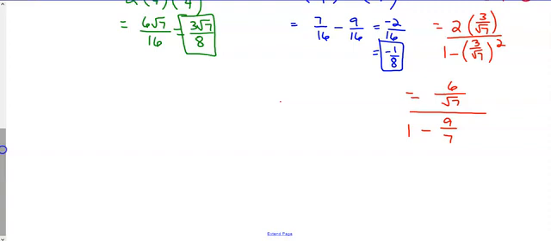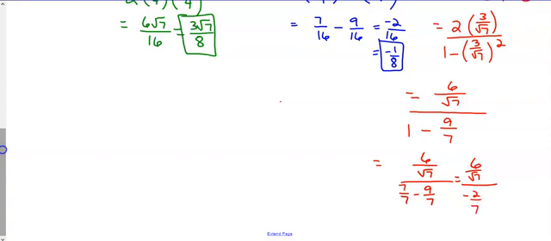So instead of this 1, I would change that into what it is in sevenths. So I'm going to rewrite the whole thing just to stay clear here. So top stays the same. On the bottom, instead of 1, let's change it to 7/7 so that we can subtract 9/7. So that's going to give us 6 over root 7 over 7/7 minus 9/7 is negative 2/7.